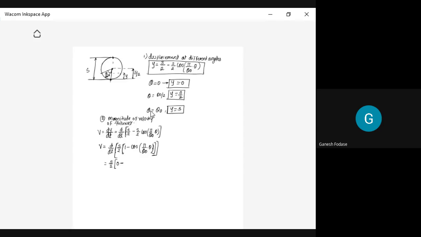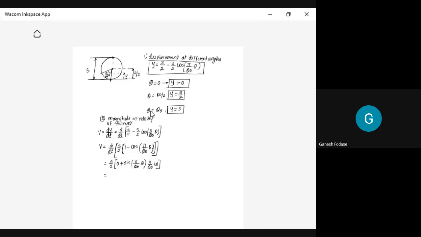The derivative of cos is minus sine, so this becomes plus sine of pi upon theta o into theta, into the derivative of this term. So pi upon theta o is constant into d theta by dt, and d theta by dt is omega. Written directly here. I hope you understand.